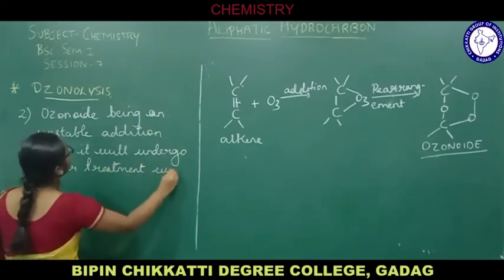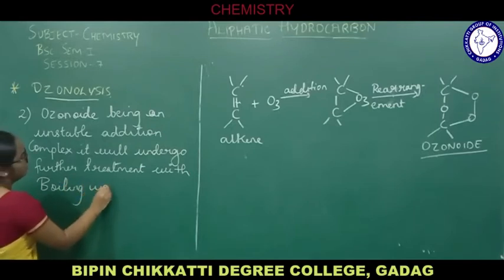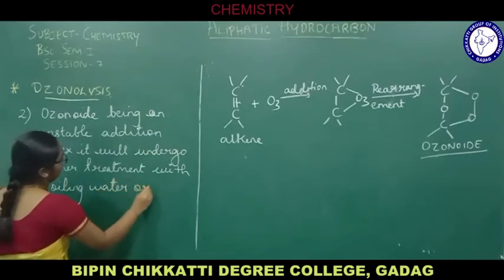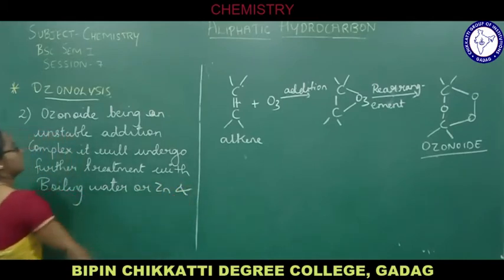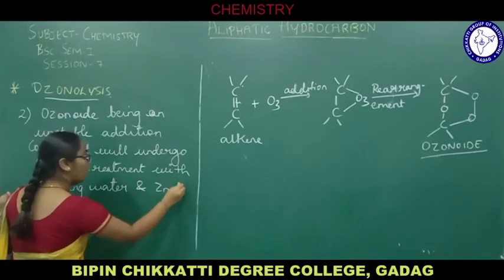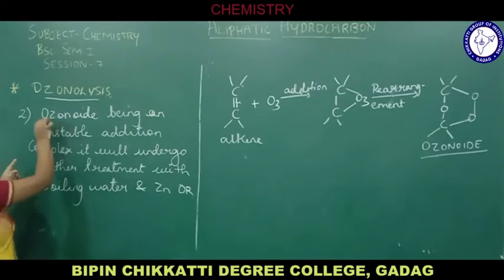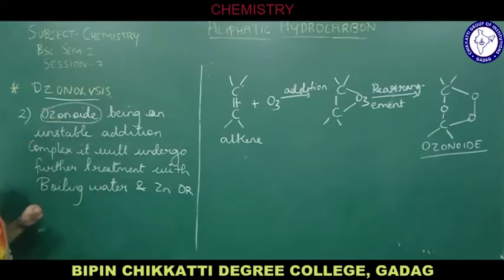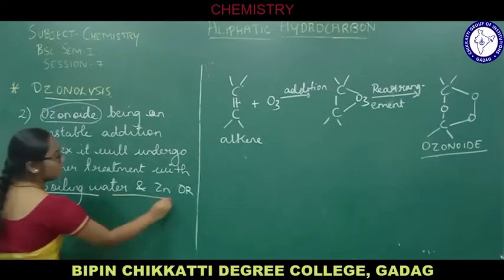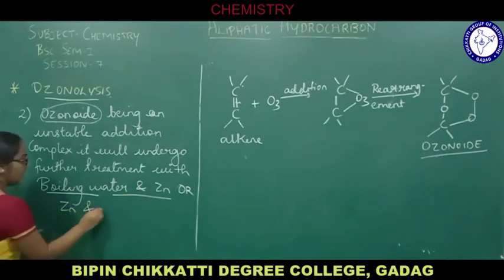Further treatment with boiling water and zinc, or zinc and acetic acid. Here, this unstable ozonoid which has formed will undergo further reaction with boiling water and zinc, or zinc and acetic acid.